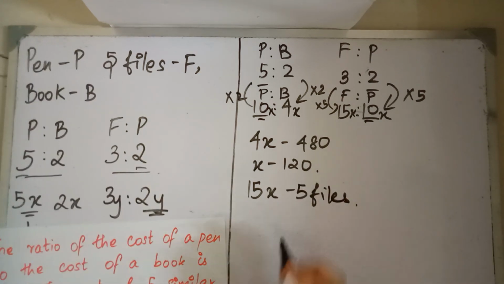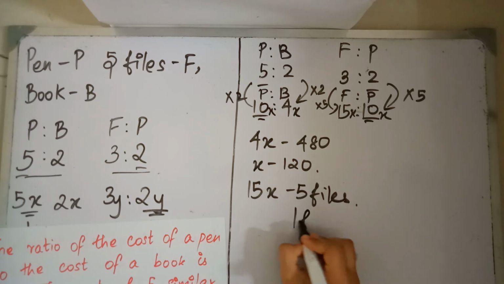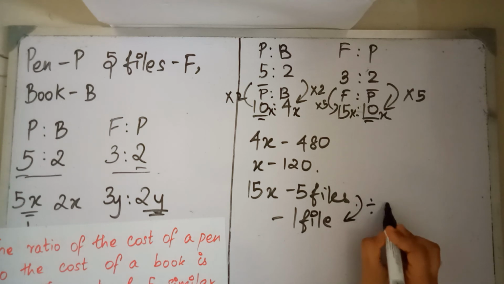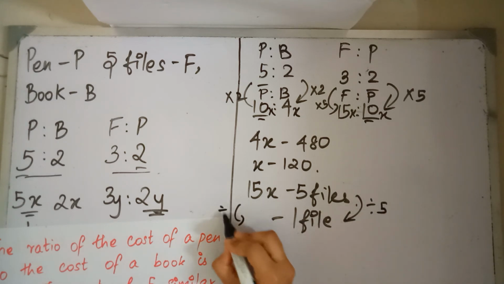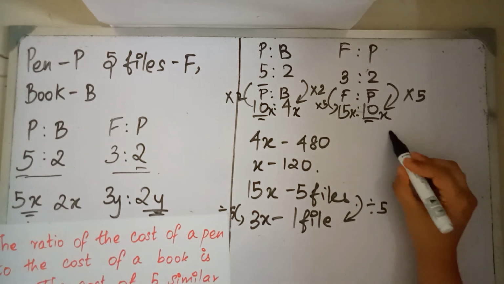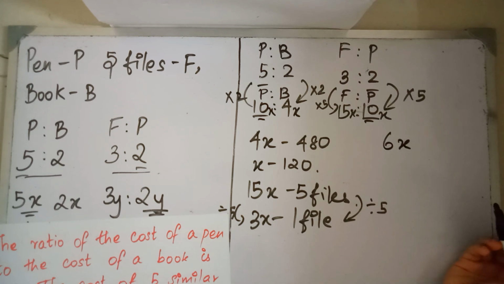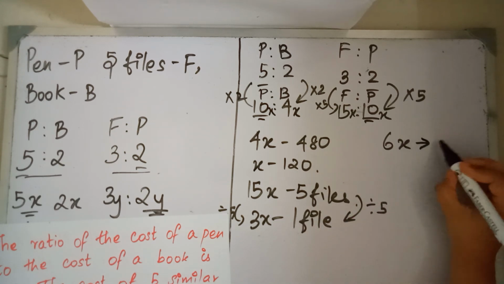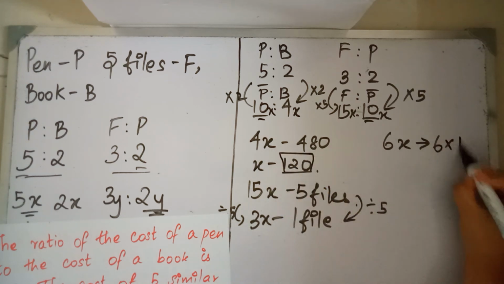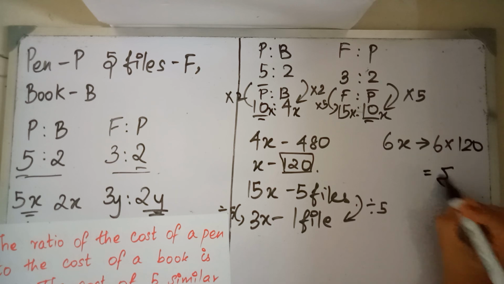The cost of 1 file will be divided by 5, 3x. So 3x is the cost of 1 file. We have to find 2 files, which is 6x, 3x into 2, 6x, and 6x is equal to 6 into the value of x, which is 120, and this will give 720 rupees.